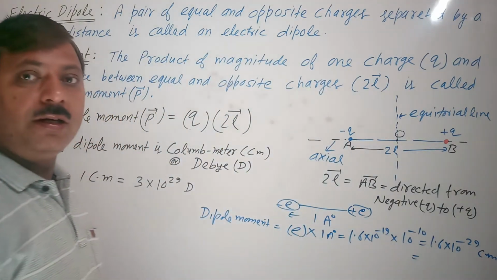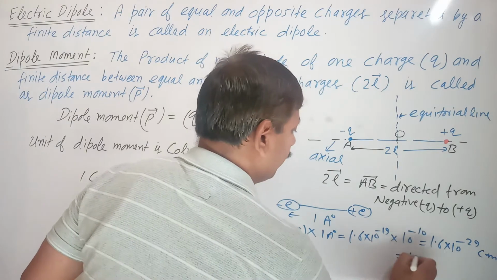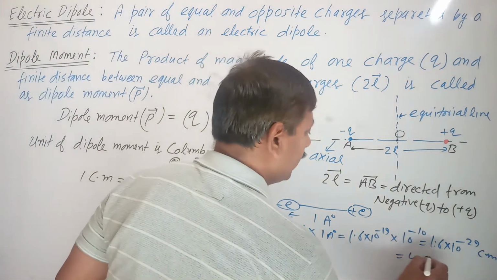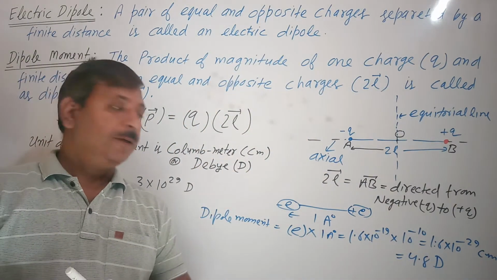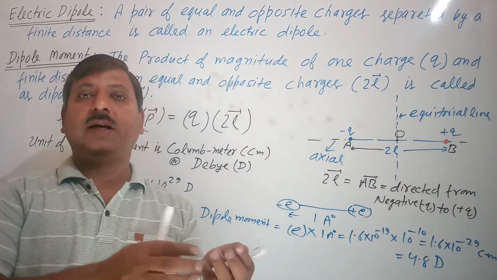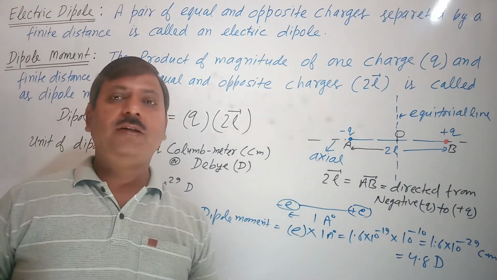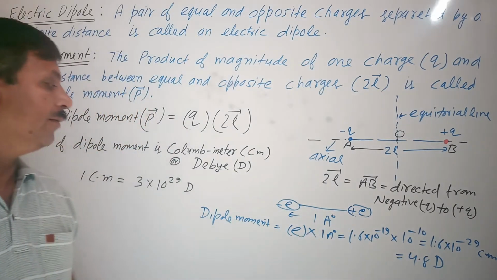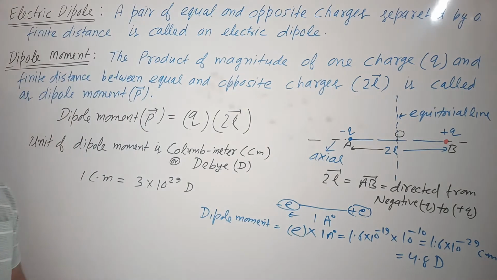Converting to debye, multiplied by 3 into 10 raised to 29, that is 4.8 D. So when a negative and a positive charge are separated by 1 angstrom, the dipole moment will be 4.8 D.